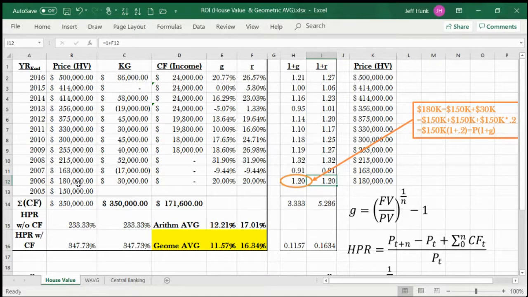If you divide this by this, it will give you 20%. But if you divide this by this, it's going to give you 1.2, 120%. You understand? That is the gross return, gross growth rate.